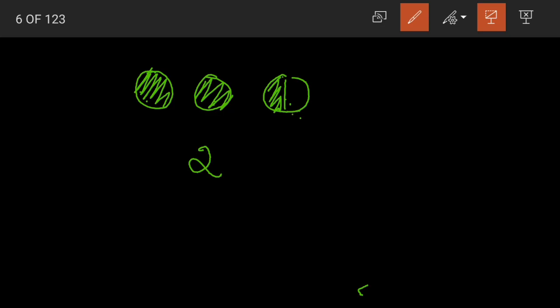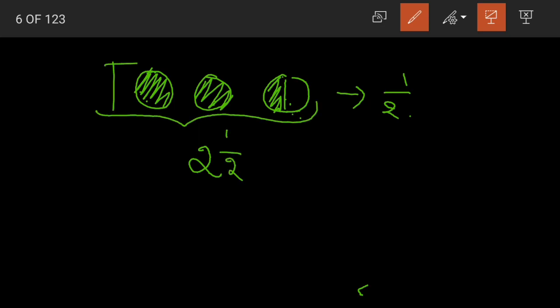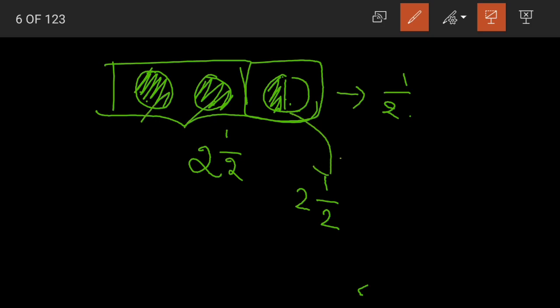It is 1 by 2. So two fully shaded circles and a half shaded circle together are written as 2 1 by 2. What is it written as, children? 2 and then 1 by 2. This is called a mixed fraction.